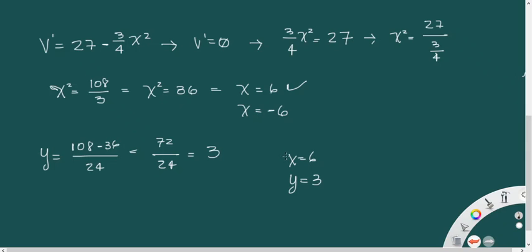Then there's another validation that we can use here. We can calculate the second derivative of this, and we will find that this number here is a maximum value.